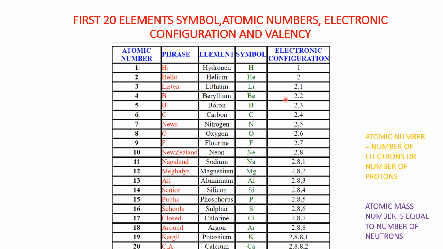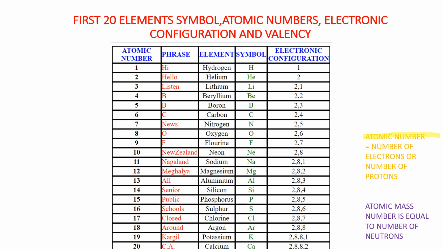Before starting with the electronic configuration, let me tell you what atomic number is. Atomic number is nothing but the number of electrons or the number of protons in an atom.